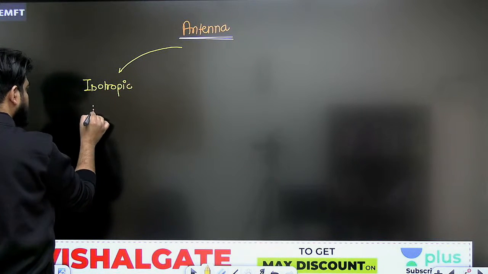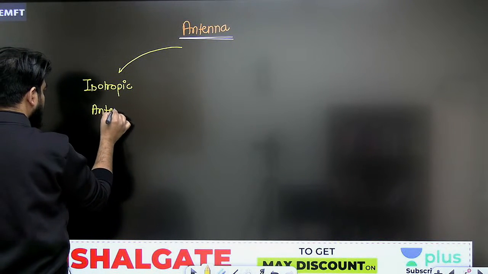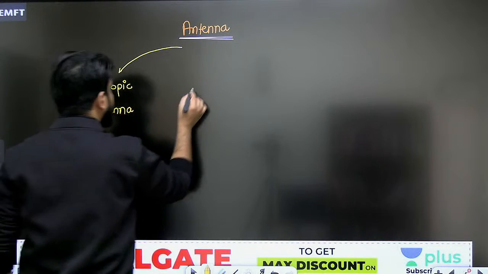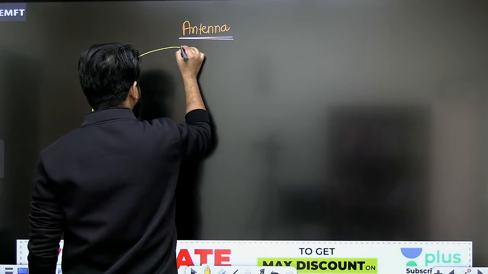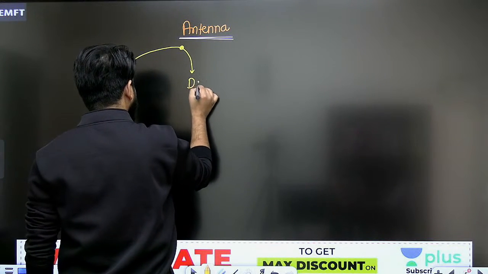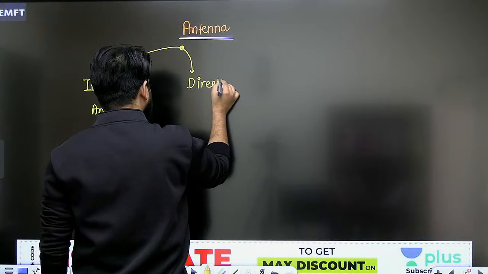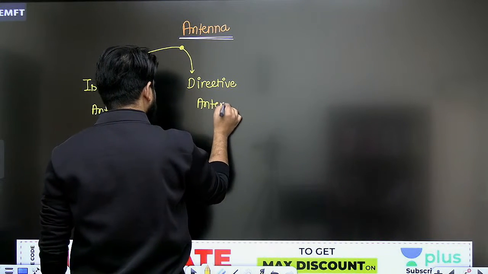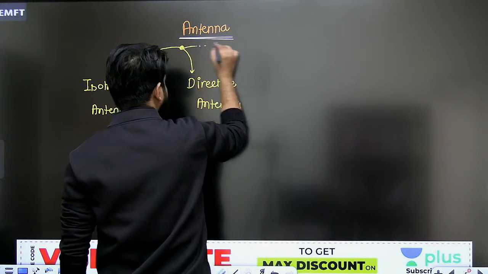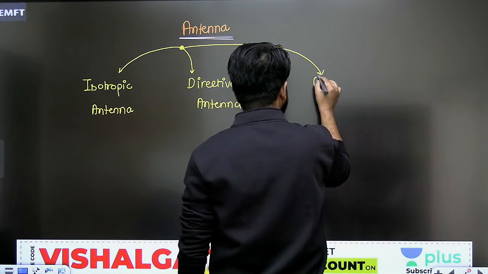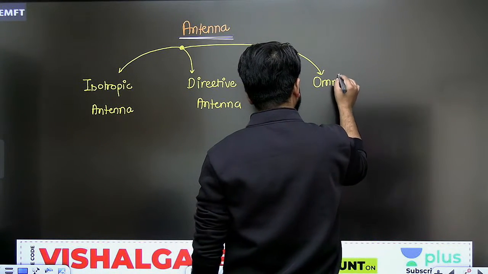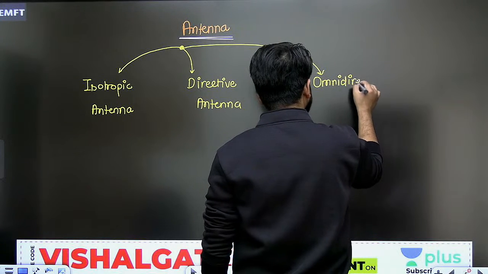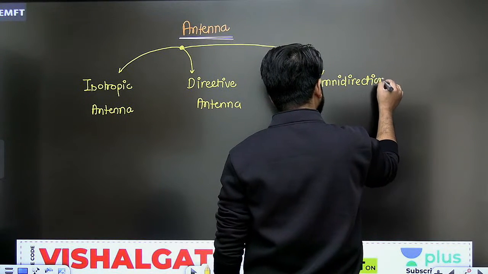Sometimes an antenna is also called a radiator. Another one is the directive antenna. And the third one is the omnidirectional antenna.